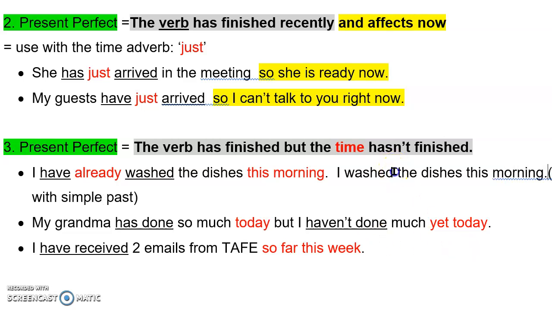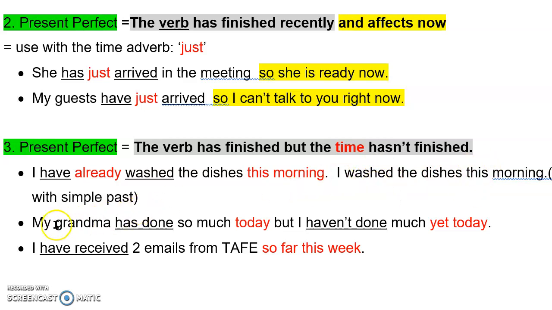Okay, if I use the simple past, this tells me that the time has finished. So maybe now it's the afternoon. But I'm using the simple past because this morning has finished. It's now 12 o'clock. So the time has finished and my verb has finished. So I'm using the simple past.